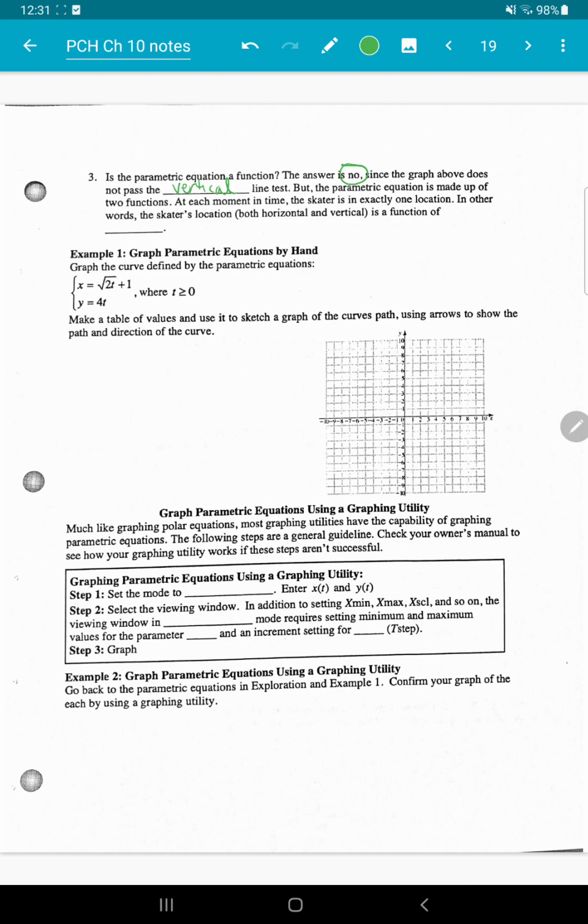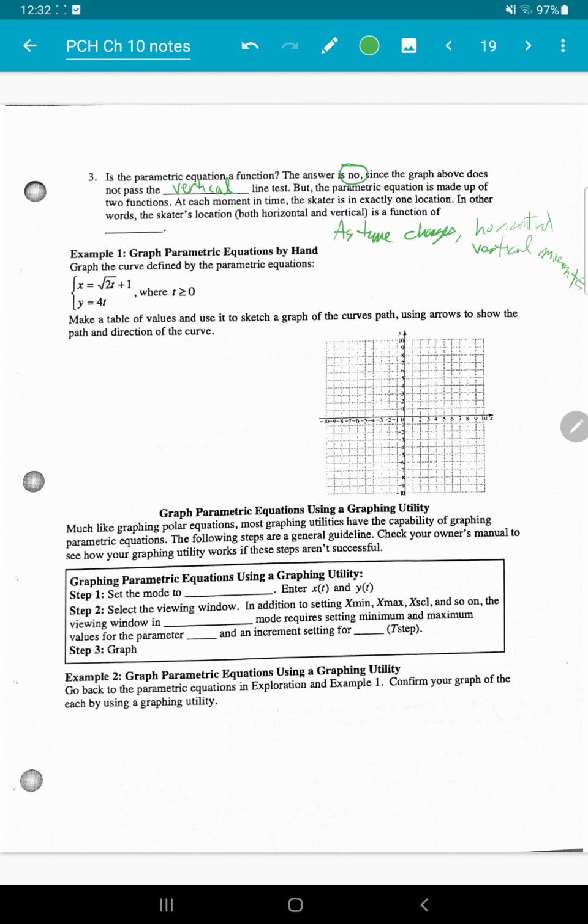Remember that what this shows us is how the skater was moving both horizontally and vertically. So as time changes, both horizontal and vertical movements need to be considered.